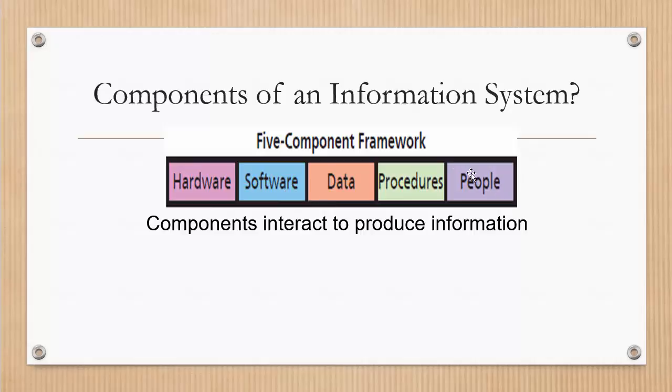There are soft side IS programs that deal with procedures and people, and then there are programs that deal with data. So in the information systems department here at Western, we're currently concentrating on data for our major. So with that business data analytics major, we're going to concentrate on this area.